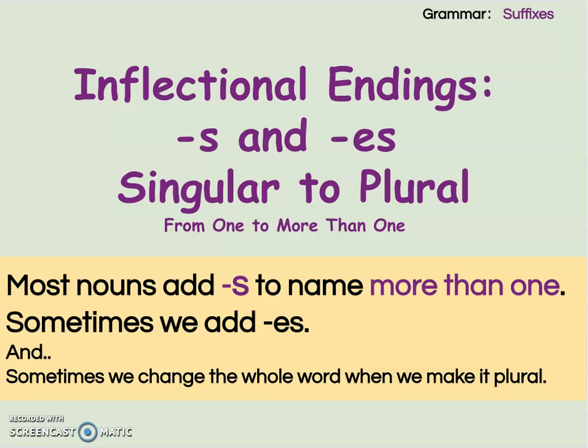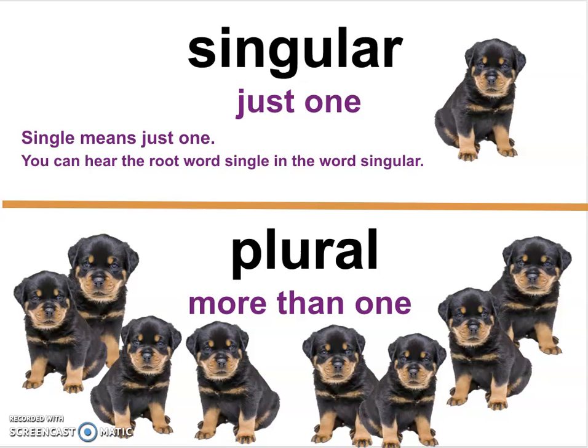Sometimes we add an es, and sometimes the entire whole word changes when we make it plural, like child becomes children and tooth becomes teeth. We'll talk more about that later. Right now we're going to talk about adding s and es as we change nouns from singular to plural.